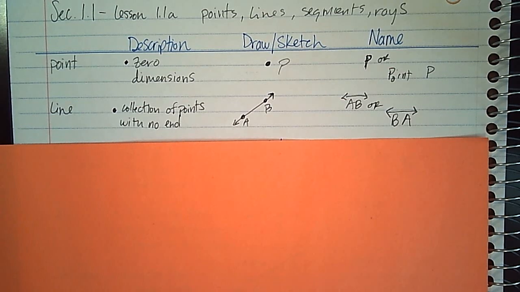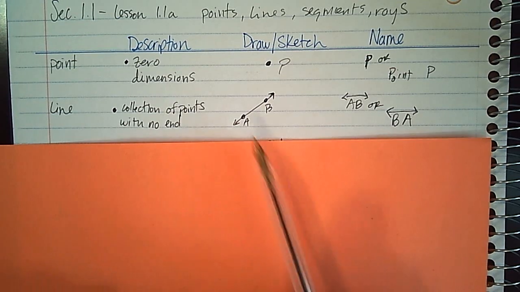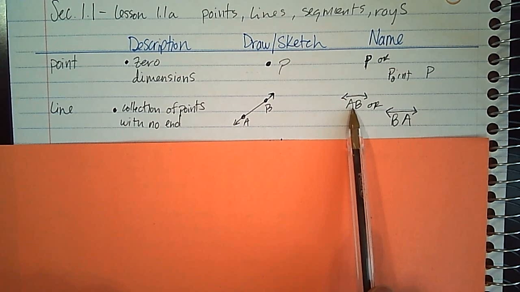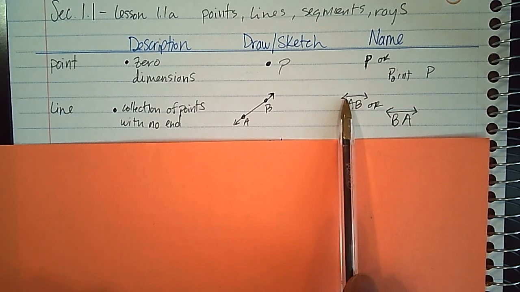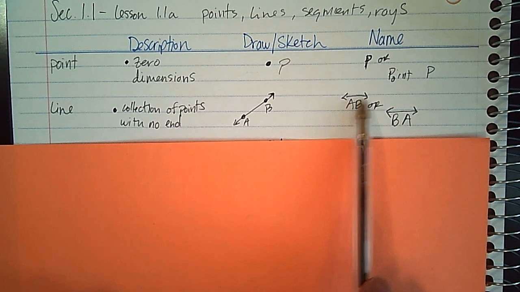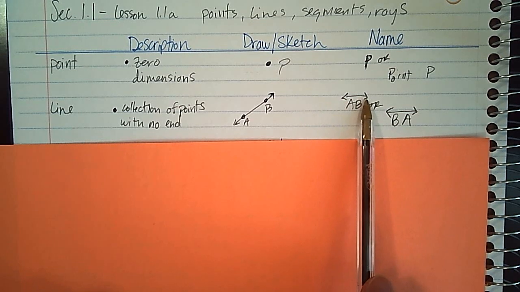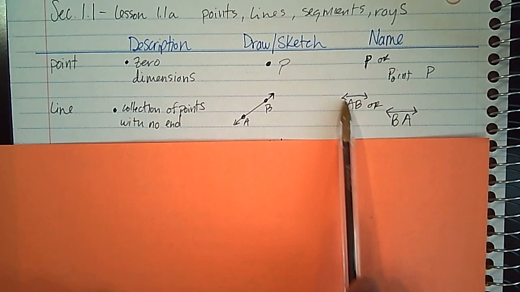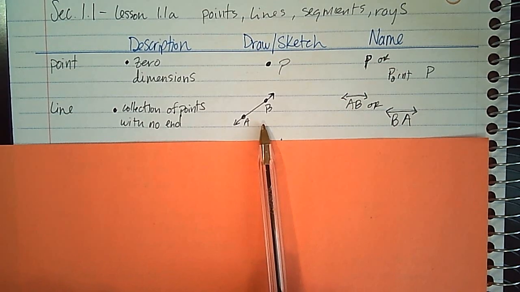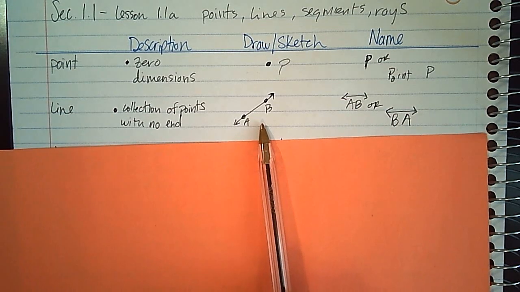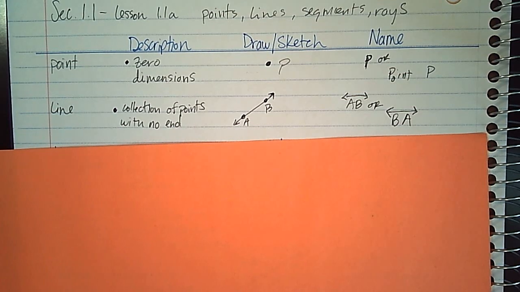Okay, so that's the drawing of a line, and to name it, we're going to use the 2 letters A, B. The order doesn't matter, it could be A, B, or B, A, and then put a line with arrowheads at the ends. We'll call these arrowheads. So it could be line AB or line BA. The direction doesn't matter. Okay, so that's the definition of a line.